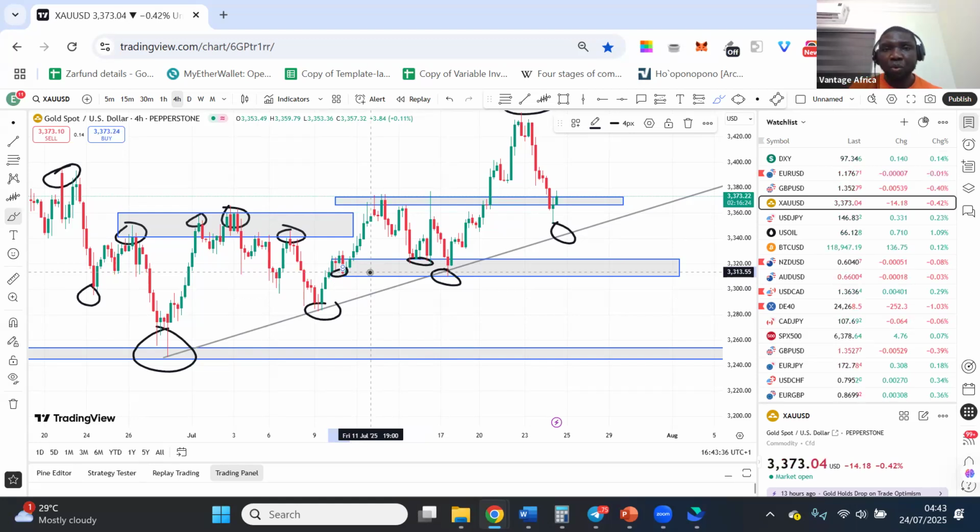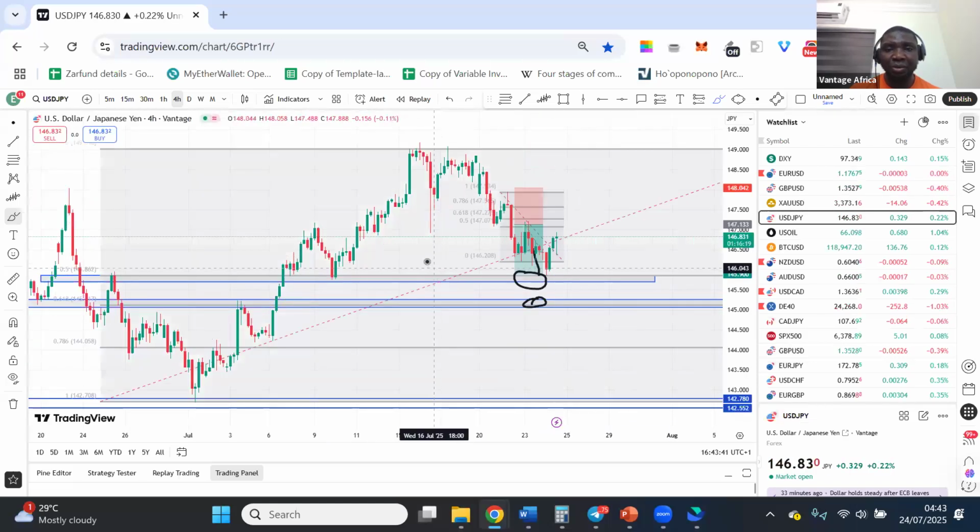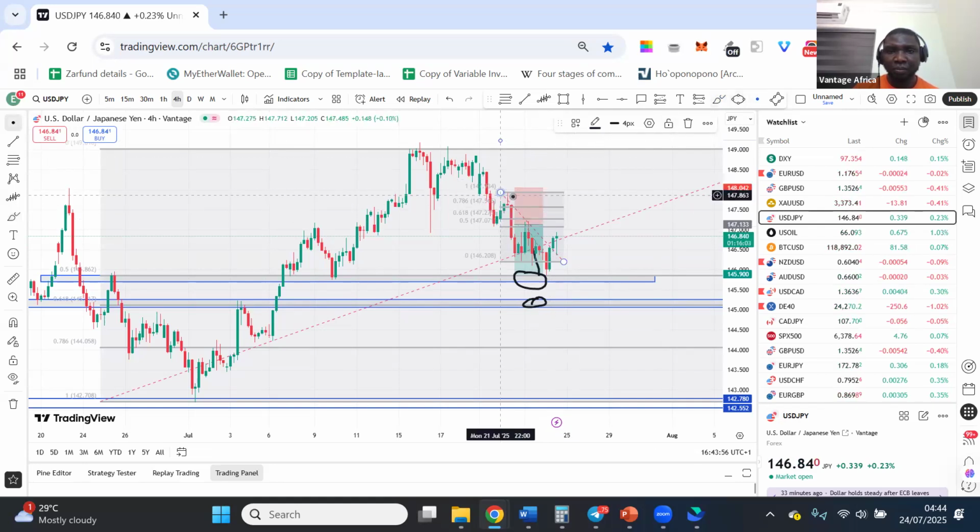So you can do this on any chart at all. It's the same thing. Okay?